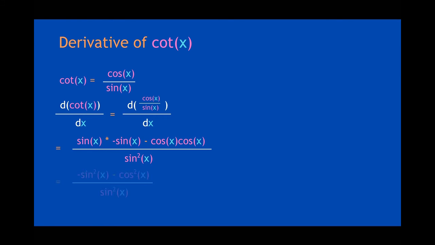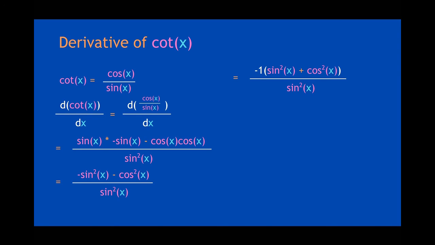From here, let's simplify a little bit, so we'll have negative sine squared of x minus cosine squared of x, all divided by the sine squared of x. From here, let's pull out a negative 1 from our numerator, so we're going to have negative 1 times the sine squared of x plus the cosine squared of x, all divided by the sine squared of x.